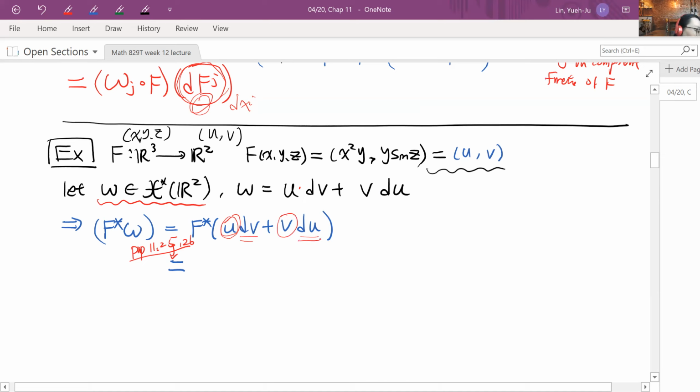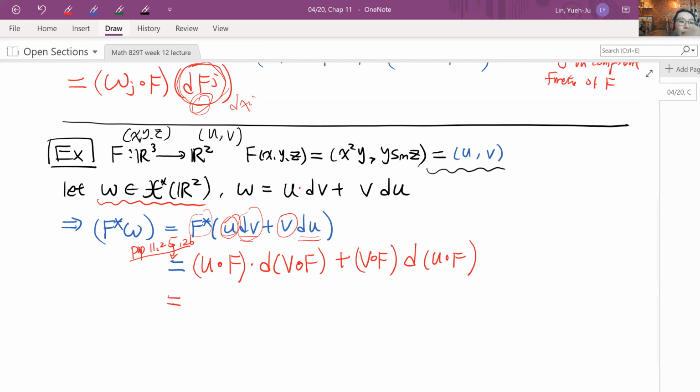From the previous two propositions, you're going to have the pullback of your real-valued function times the pullback f star of dv, which we already know is d of v of f, and plus v evaluated at f times the u of f.